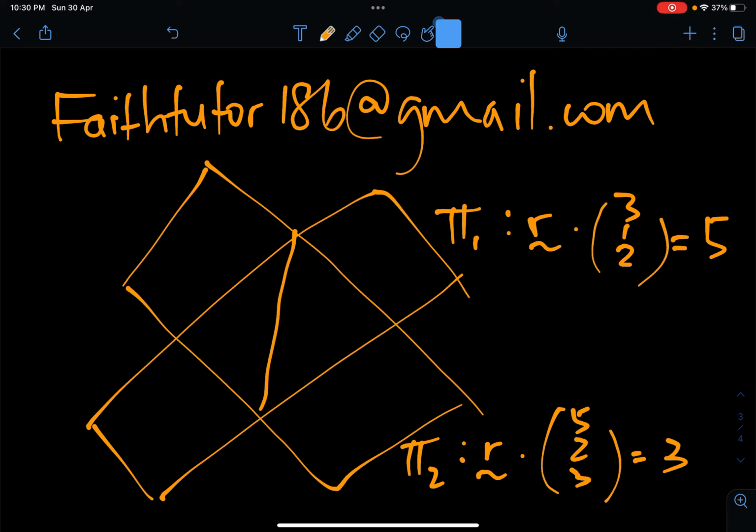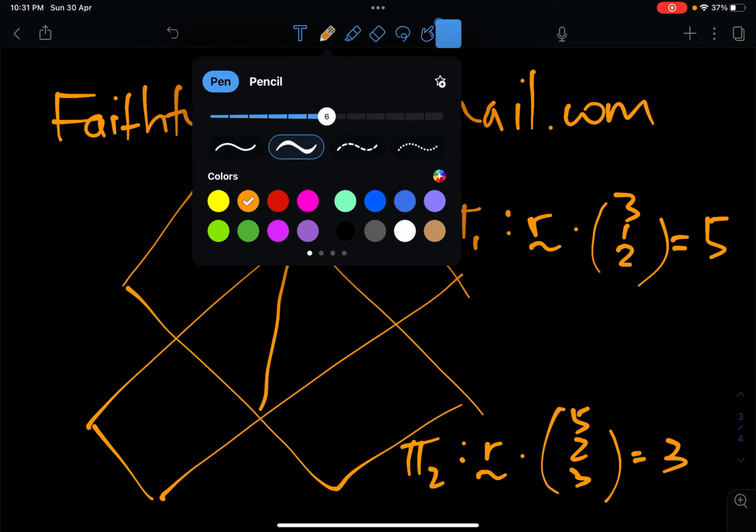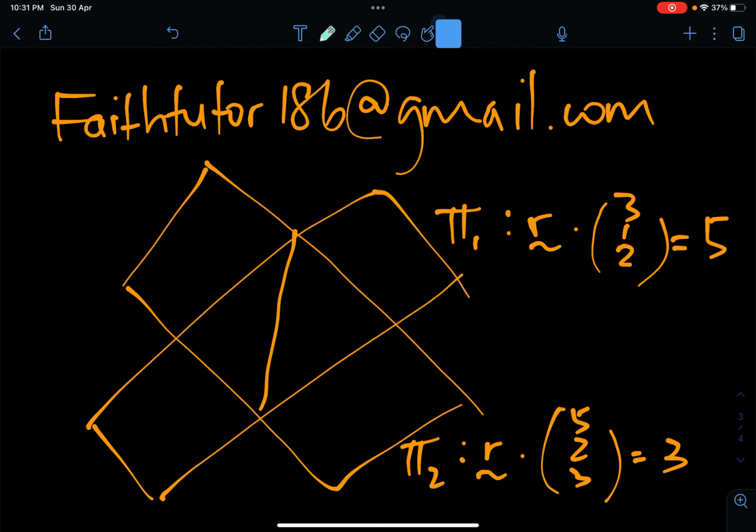Okay, so then there's this particular point which is equidistant from these two planes. For example, you have a point, say, P, which is equidistant from this plane and this plane.